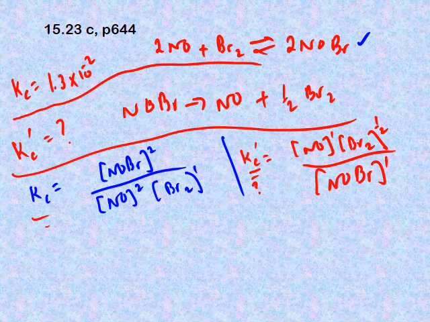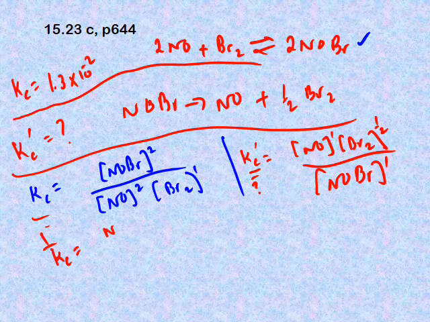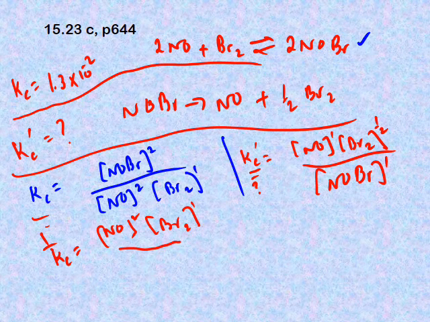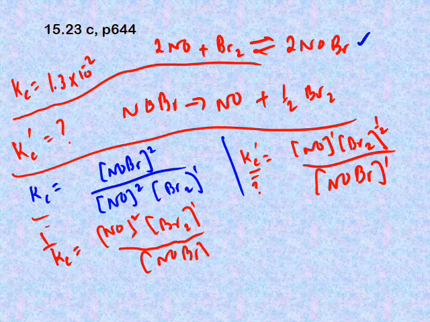And let's do that so that I can think better. 1 over Kc equals NO squared is now on the top, Br2 raised to the power 1 is on the top, NOBr raised to the power 2 is on the bottom. Now at least I have NO and Br2 on the top and NOBr on the bottom so that I can compare. Now how are they related?